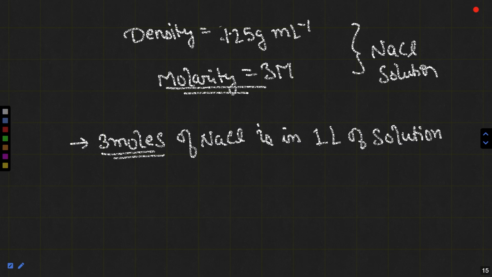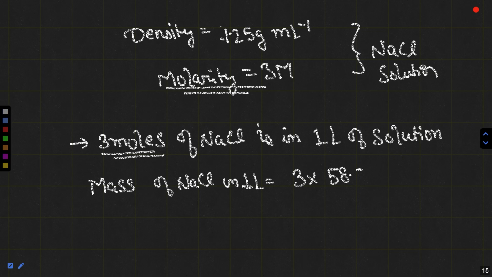Then what is the mass of NaCl in 1 liter? It will be the number of moles multiplied by the molar mass, which is 58.5. If you multiply this, 5 threes are 15, 5 eights are 40, 4 carry, and so on. Just calculate this.